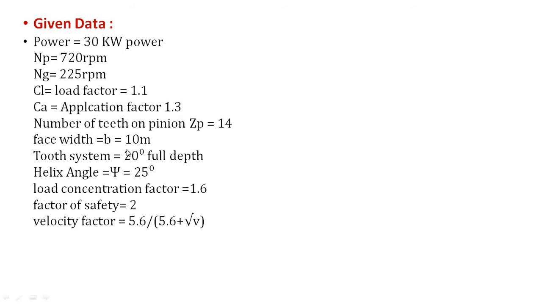Power we need to transmit is 30 kilowatt, pinion speed 720, gear speed 225 rpm, CL load factor 1.1, CA application factor equal to 1.3, number of teeth on pinion ZP equal to 14, face width B equal to 10 module, tooth system 20 degree full depth, helix angle psi equal to 25 degree, don't consider load concentration factor, factor of safety Fs equal to 2, velocity factor Cv equal to 5.6 divided by 5.6 plus under root v.